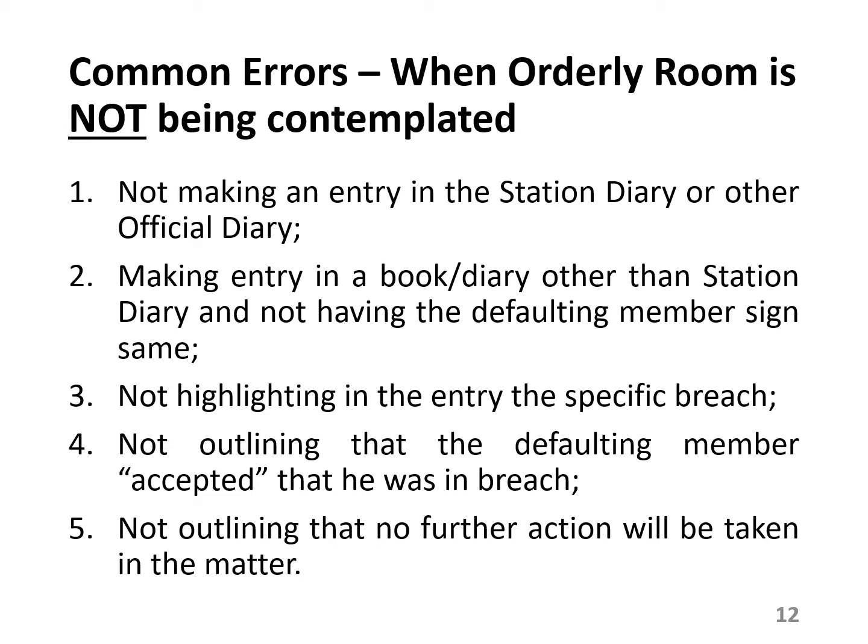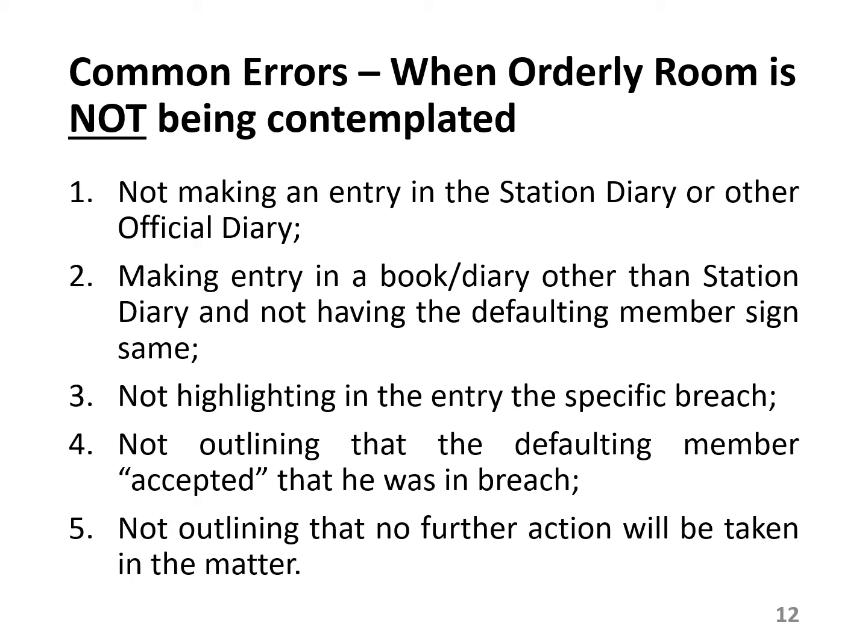Number two, some persons make an entry in a book or diary other than the station diary and do not have the defaulting member sign the book. So the policy provides that if you have a member who accepts that they have done some act of indiscipline and you decide to give them a warning, then you should have the member acknowledge or accept that breach by signing the document.